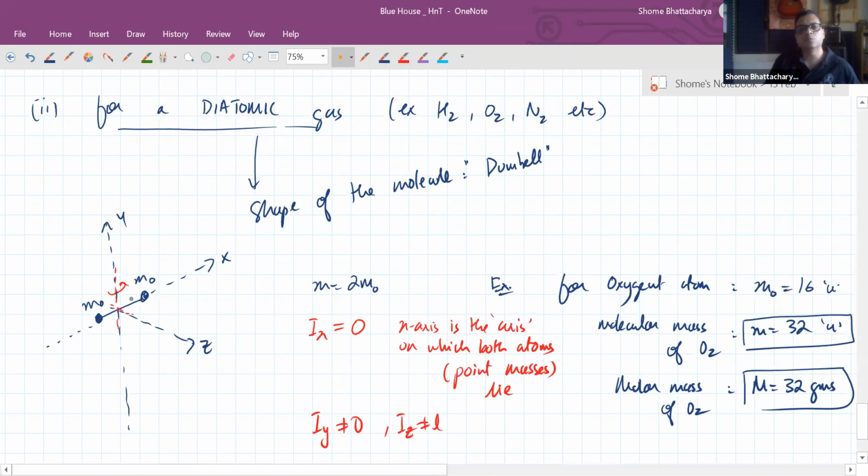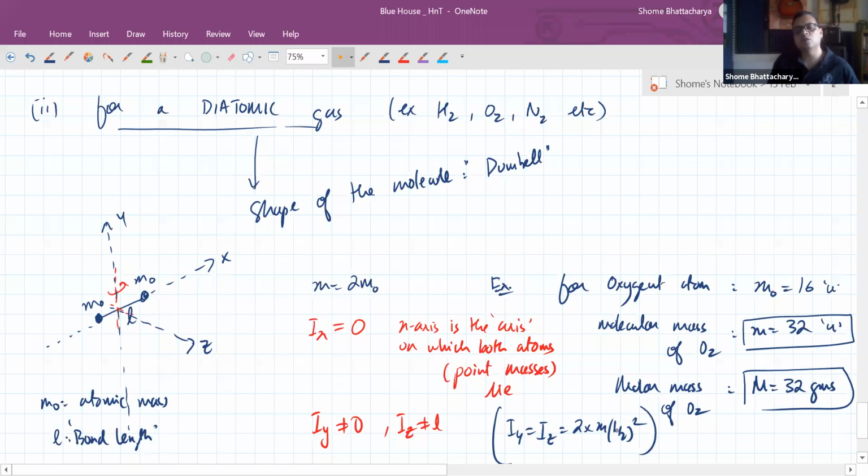If L is the bond length and m naught is the atomic mass, then Iy is equal to Iz is equal to 2 times m naught into L by 2 whole square. But how much it is is not important for us. What is more important is that Iy and Iz are non-zero.